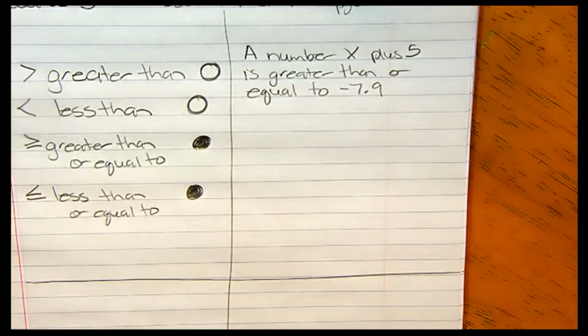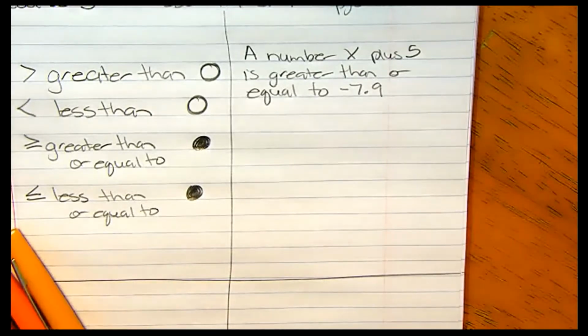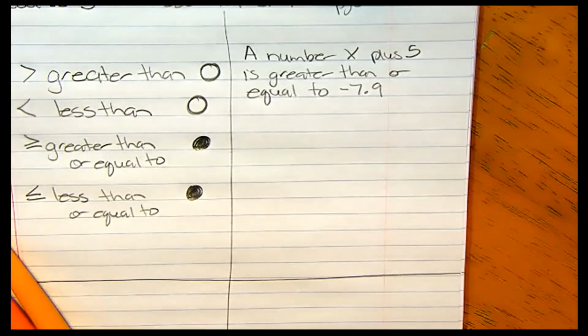So they're going to give us a word sentence like this, and we have to turn this word sentence into a number sentence.